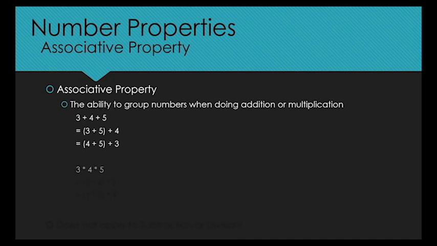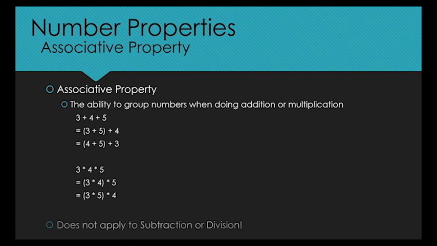If we have 3 times 4 times 5, we can group 3 times 4 together, or 3 times 5 together, and do that operation first. Whichever 2 numbers we group and multiply first won't change the answer. So that's the associative property. Addition and multiplication are associative, but subtraction and division are not.